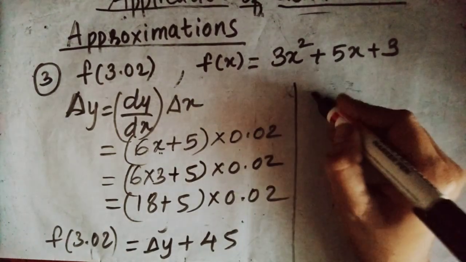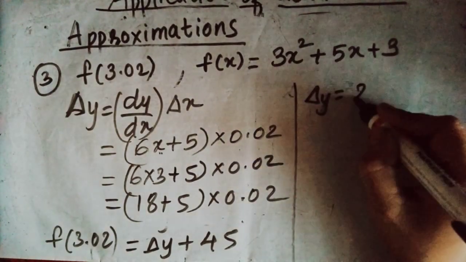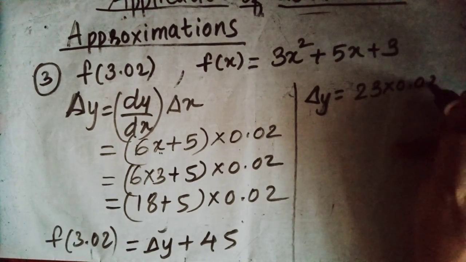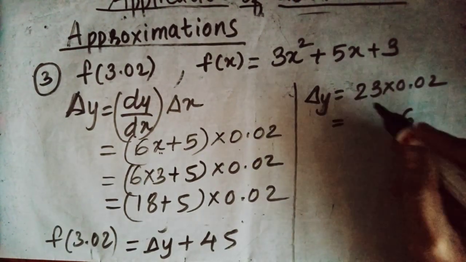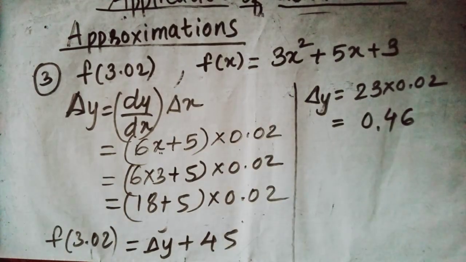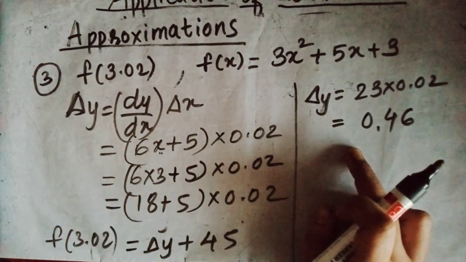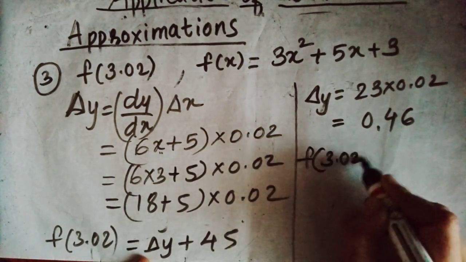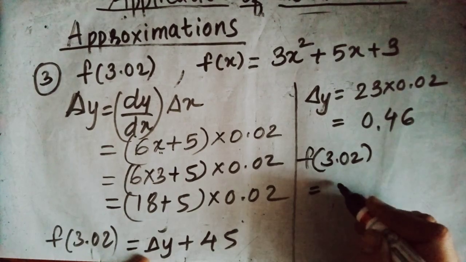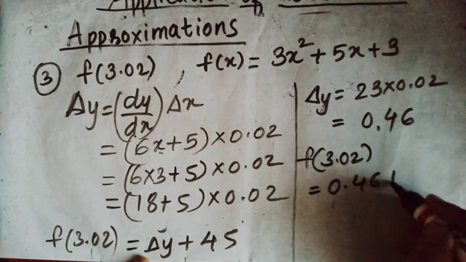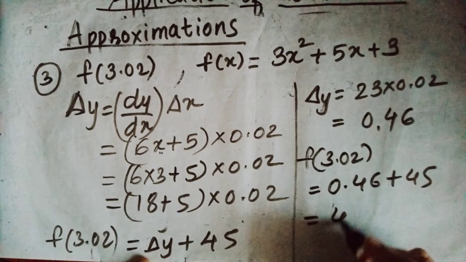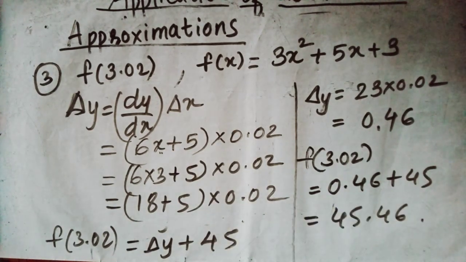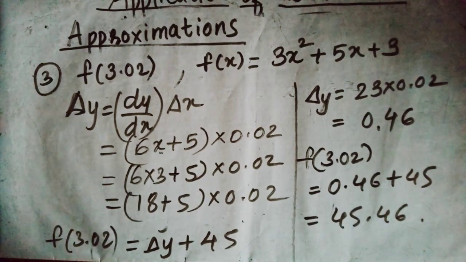So delta y is 23 into 0.02, 0.46, right? So this is your delta y, put in this. So your f of 3.02 is 0.46 plus 45. So 45.46 is the answer. So same way you have to solve.